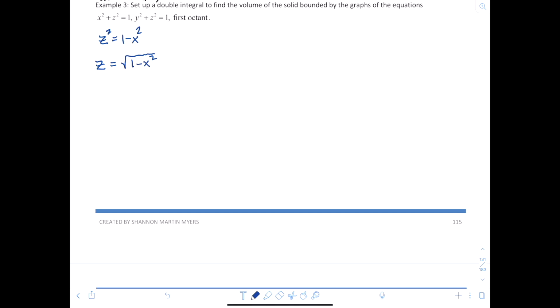And similarly, z squared is equal to 1 minus y squared, and so z, being in the first octant, is going to be the square root of 1 minus y squared. Groovy?